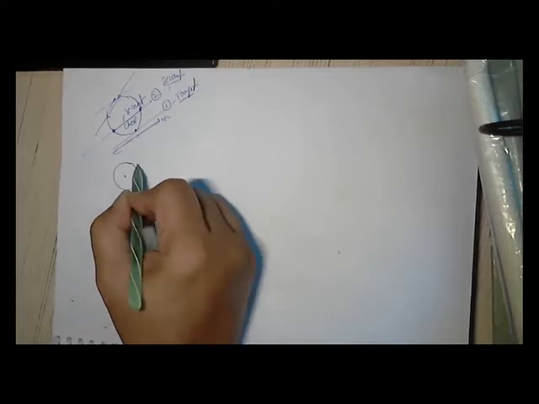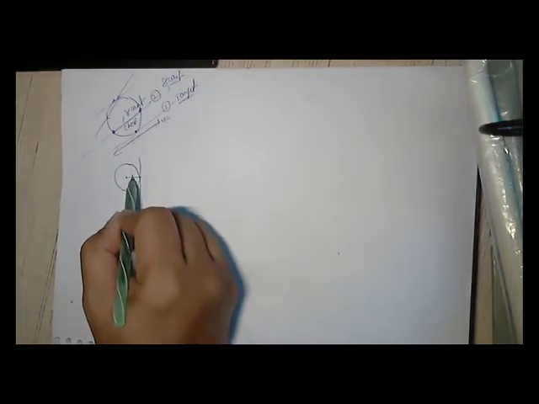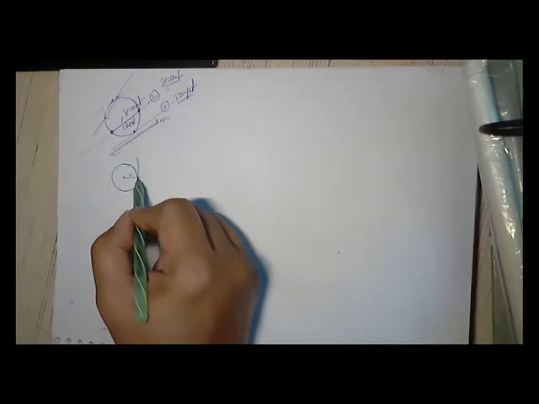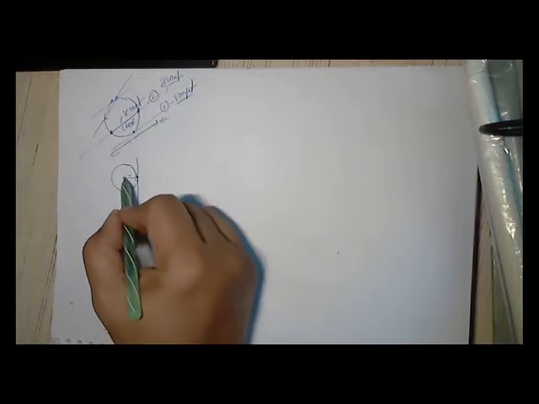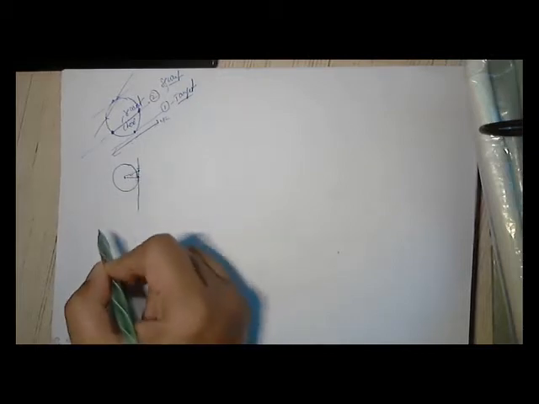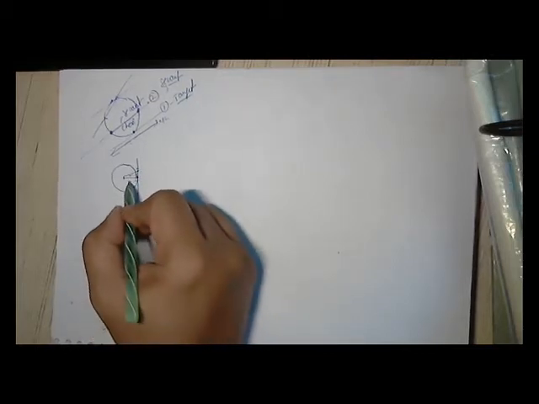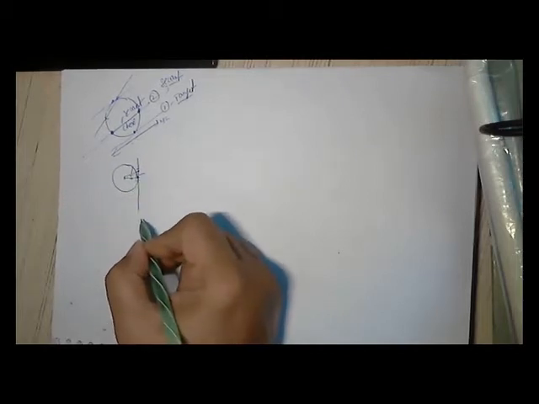So this is a circle, and we have a tangent here. This is R. Now, what is the angle here? Let us draw a perpendicular from here to this circle. So, what is this length? This length is this square minus this square.